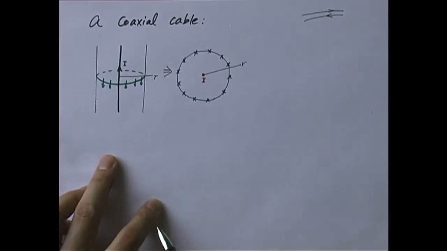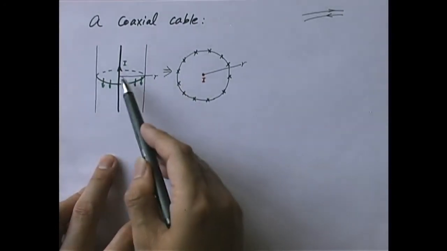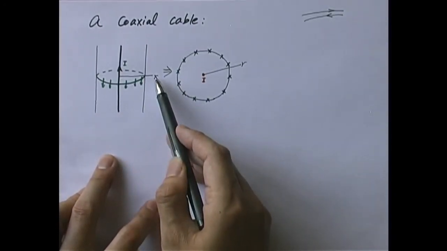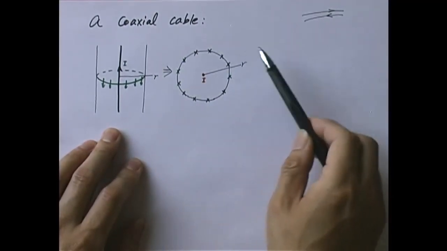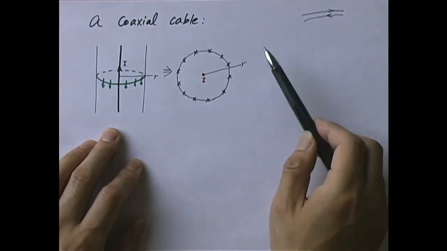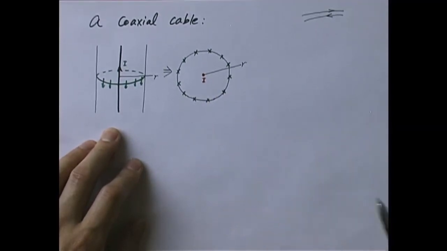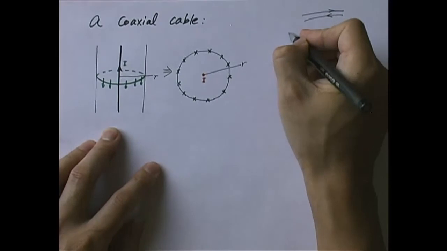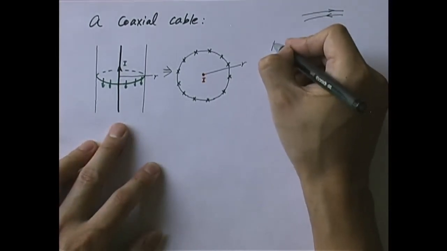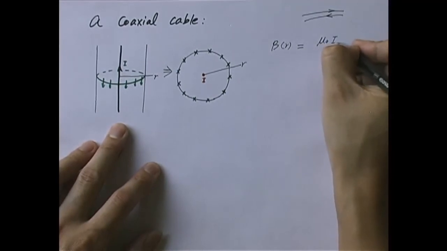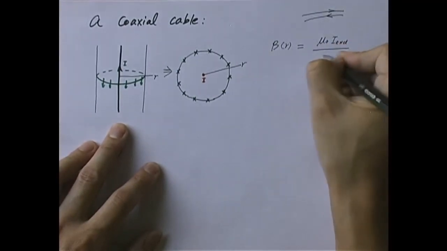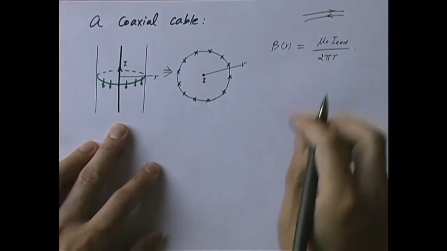Okay, let's look at the magnetic field anywhere as a function of r again. You have two regions in space, inside and outside. And since you still have the same cylindrical symmetry, you still have the same formula, and that is B as a function of r always equals mu naught I enclosed over 2 pi r. It's the same thing.